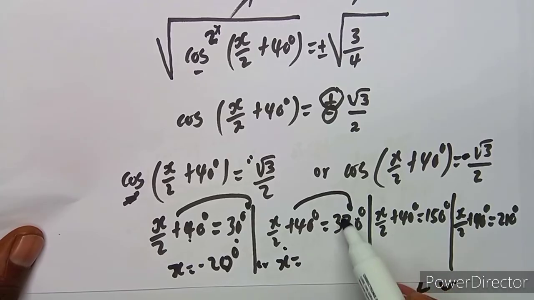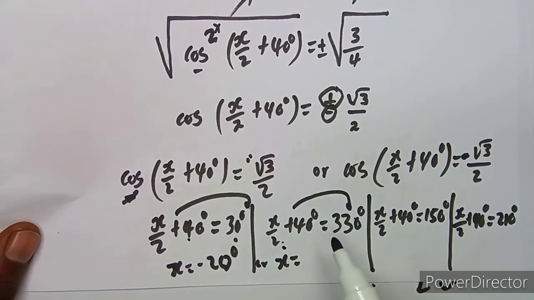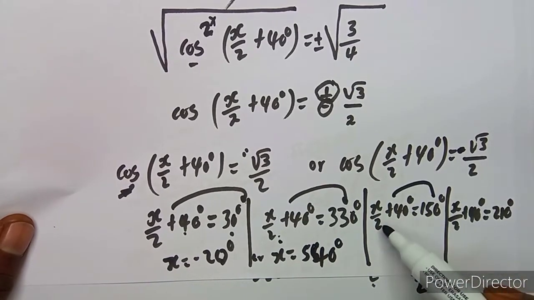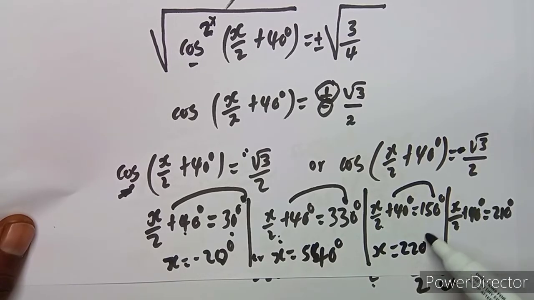So 330 minus 40 is 290, times 2, which is 580, something like that. So you just solve just like that. Here you subtract again, you multiply by 2, which is going to be 220.